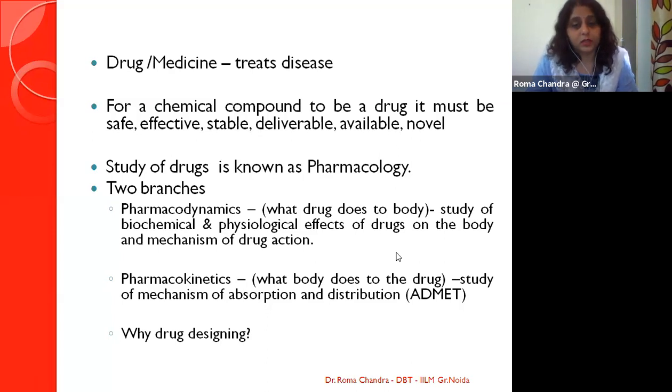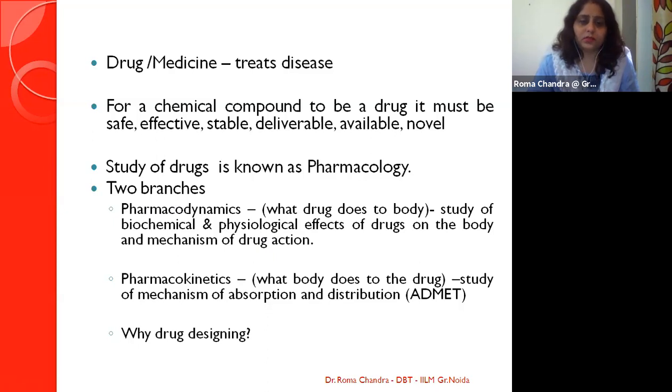So I told you that the study of drugs is said to be pharmacology, divided into two sub branches: pharmacodynamics, where we study the effect of the drug on the body, and the study of how the body reacts towards the drug, which comes under pharmacokinetics, talking about the ADMET properties: absorption, distribution, metabolism, excretion, and the toxicity.